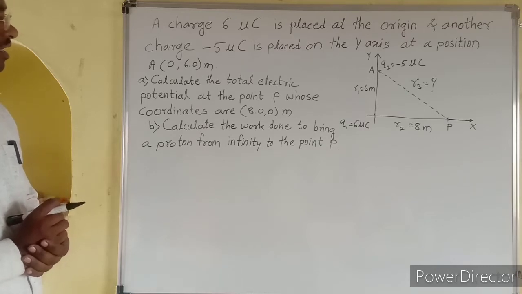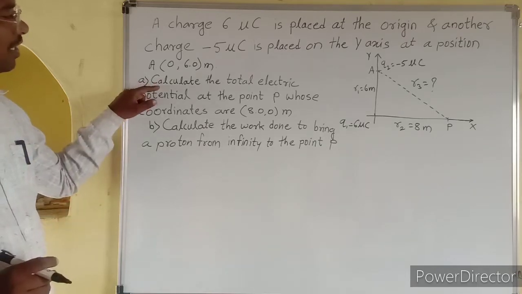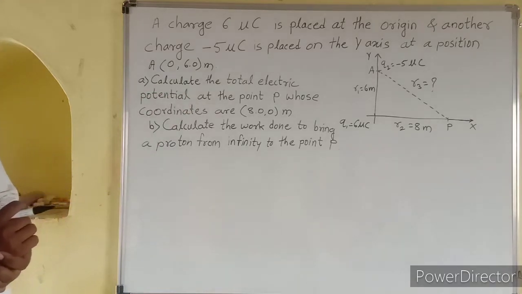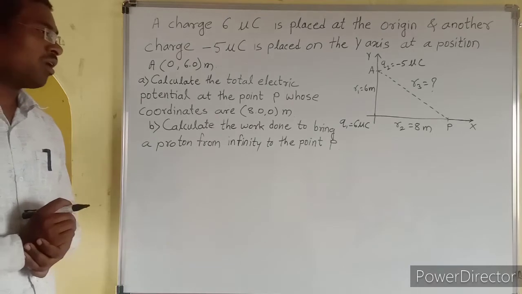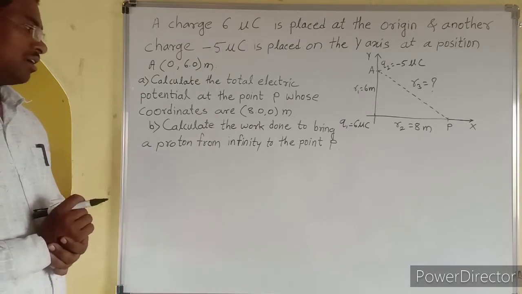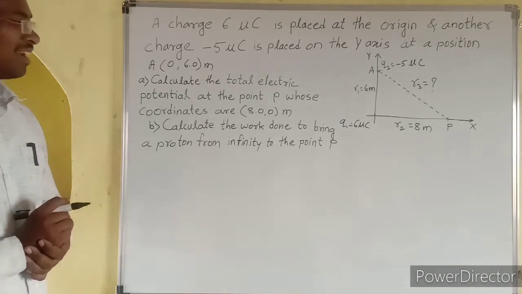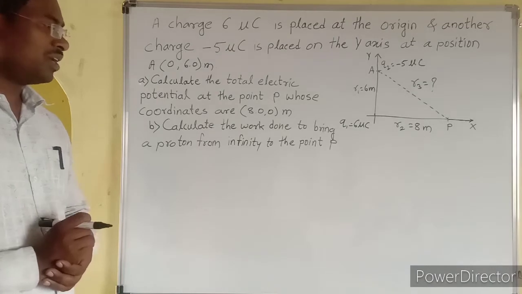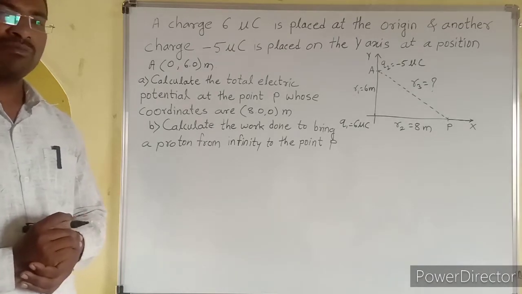From this data we have to calculate the total electric potential at the point P, whose coordinates are 8.00 meter, and B, calculate the work done to bring a proton from infinity to the point P.